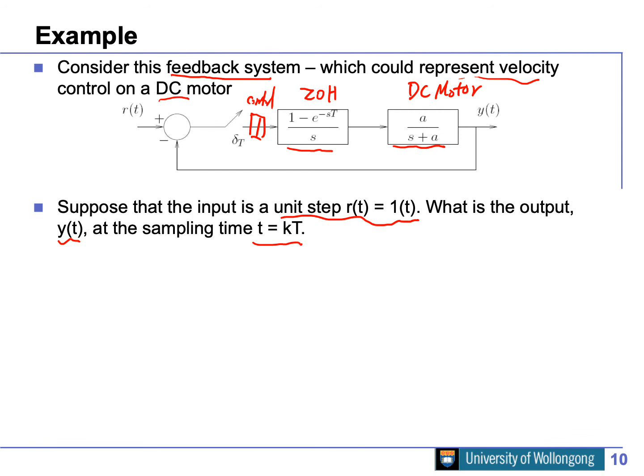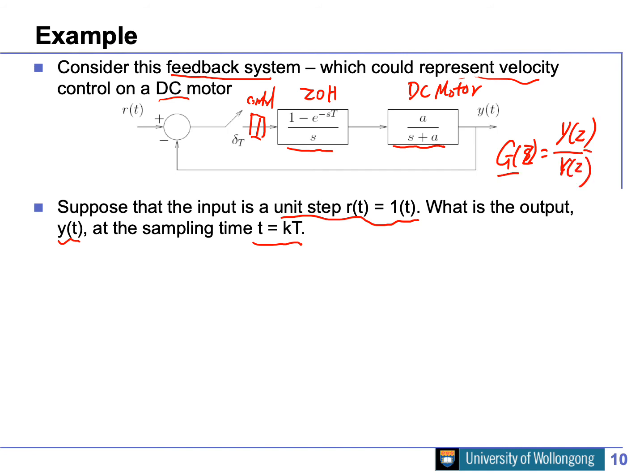Then we already know in time domain we cannot do any manipulation here. To address this, the transfer function G(z) equals the output in Z domain over the input in Z domain.